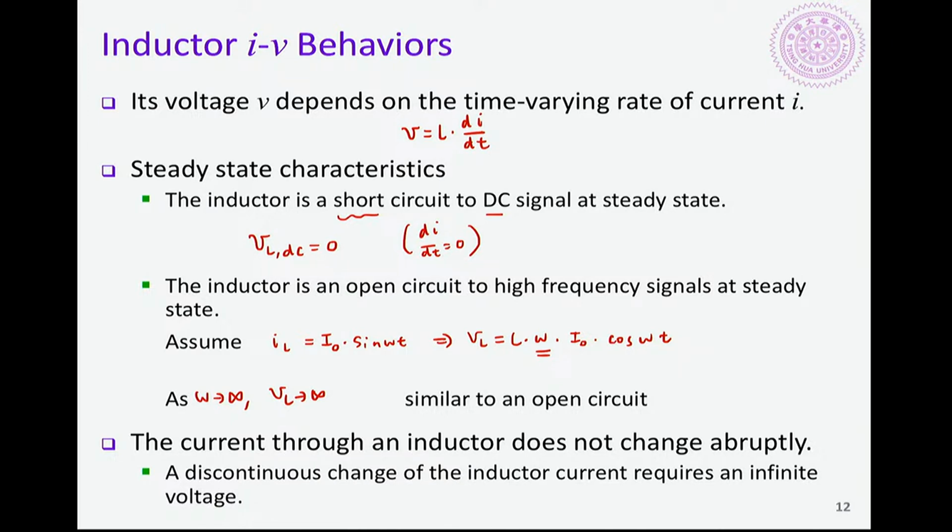The current through an inductor does not change abruptly, meaning that if the current changes very fast over an inductor, the voltage approaches infinity, which is not realistic and not an ideal case, something we would like to avoid.